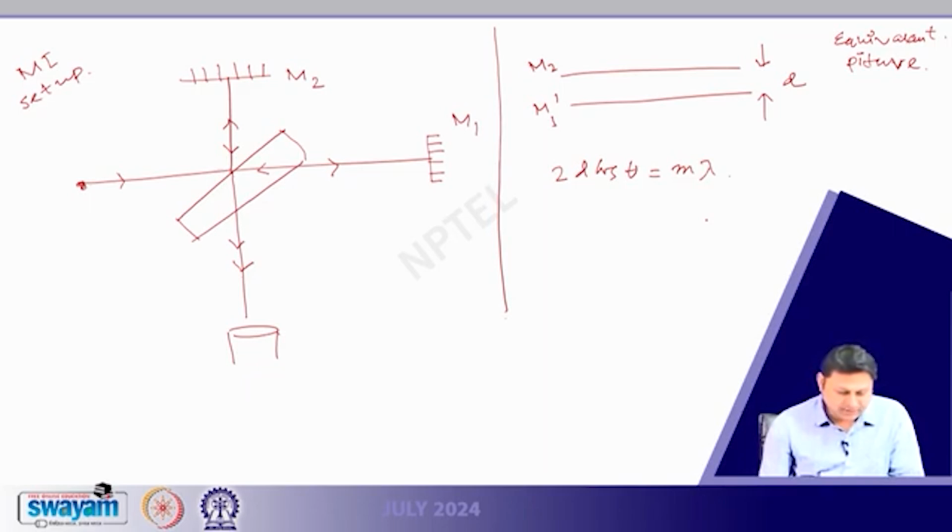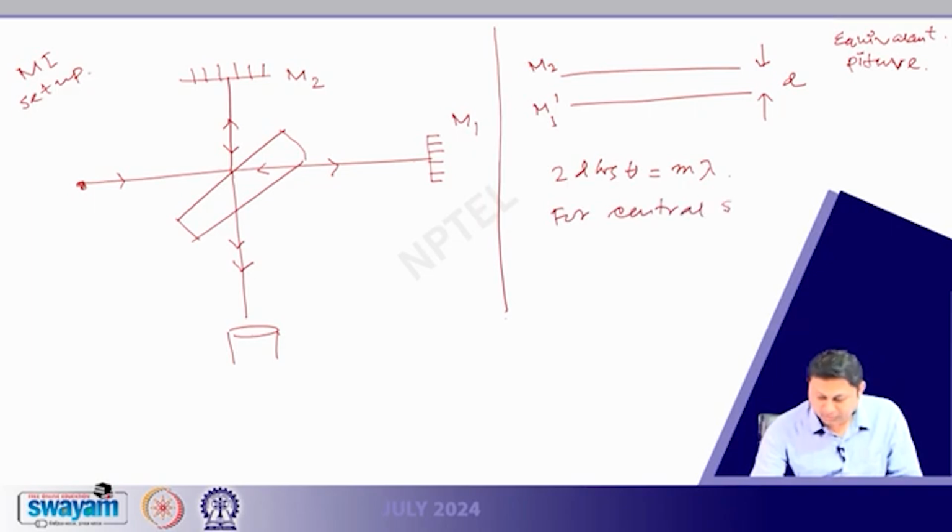So, if I now just concentrate on the central spot, then what happened? What we had is 2D is equal to m lambda.